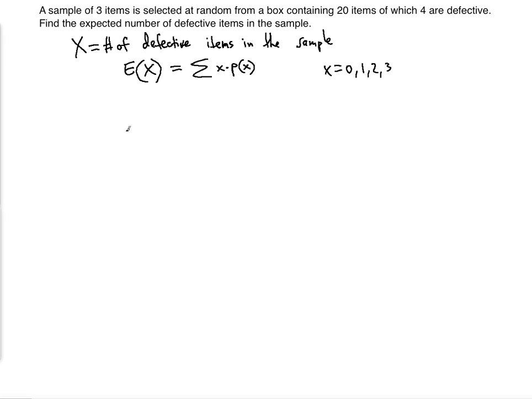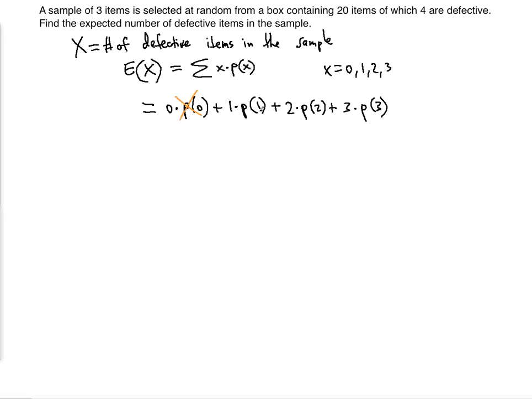So you will have 0 times the probability of 0, plus 1 times the probability of 1, plus 2 times the probability of 2, plus 3 times the probability of 3. Obviously, you don't have to worry about defining the probability of 0 because this whole thing is 0, so we can disregard that.